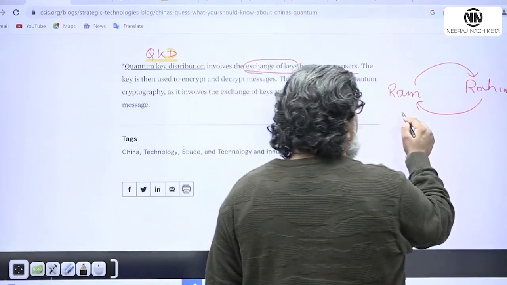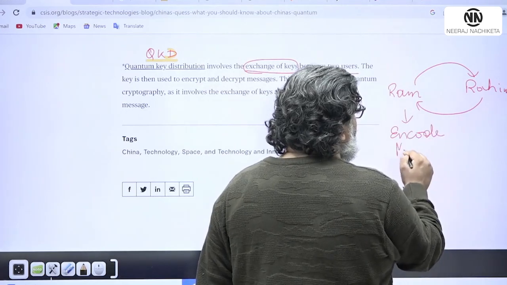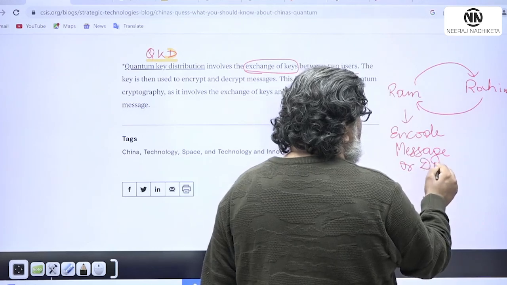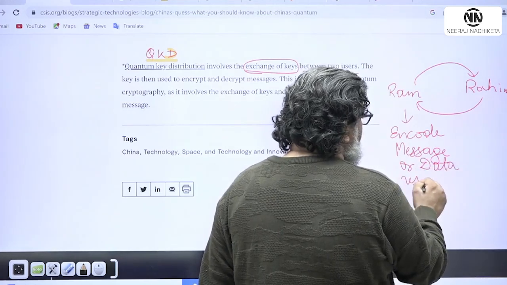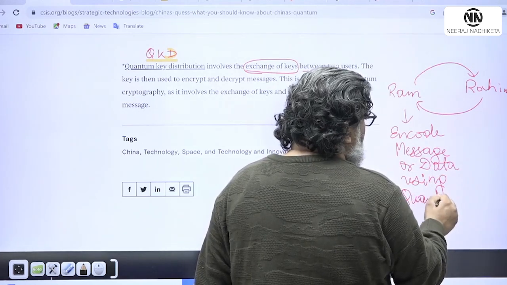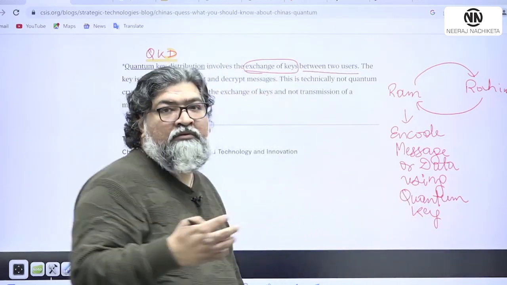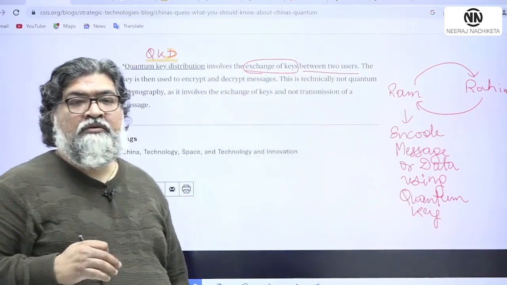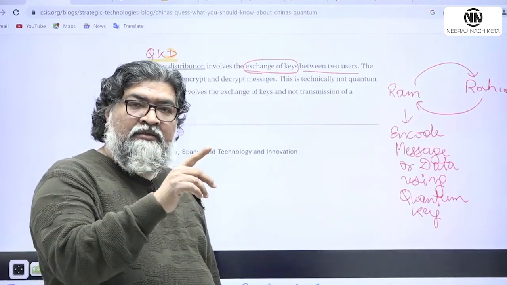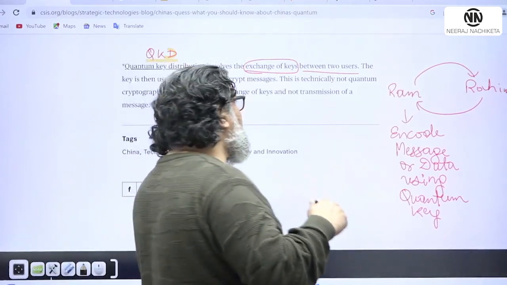Ram will encode the message, the data, using a quantum key. What is a quantum key? That is the password, and the quantum key is based on qubits. This message will only go to the designated receiver, here Rahim.